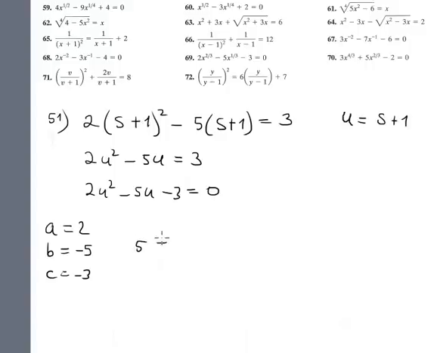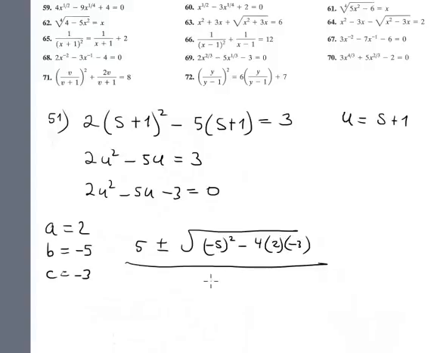So 5 plus and minus the square root of negative 5 squared minus 4 times a, which is 2, times c, which is negative 3, over 2 times 2. This is 25 plus, because minus and minus is plus, 24, which is 49, and the square root of 49 is 7.